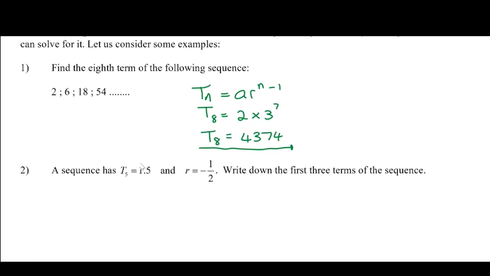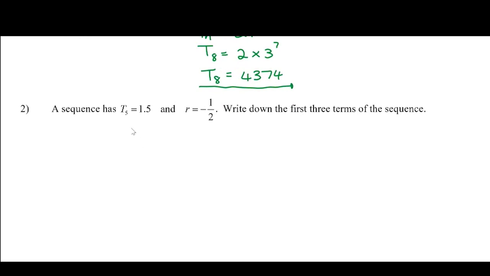Right, let's have a look at this one. This one tells us some specific information. We know the common ratio, and we know that the 5th term is 1,5. Write down the first 3 terms. What we need to establish is, what is the first term? What does this thing start with? So we're going to write down our formula, Tn equals ar to the n minus 1.